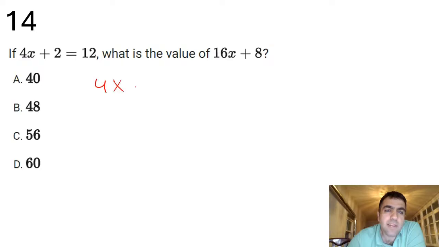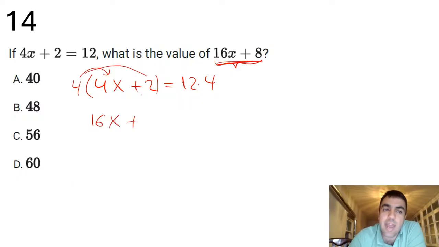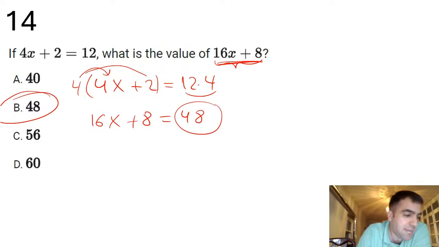The given equation is 4x plus 2 is equal to 12, and we are asked to calculate this one, right? We can multiply both sides of the equation by 4. Why? Because we are getting the same expression. 16x plus 8 is equal to 48, and the correct answer is B.